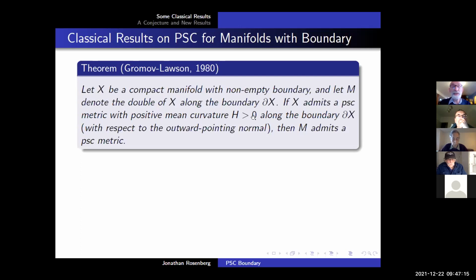Is that clear to everybody? So think of X as being, let's say, the Earth's surface minus a polar ice cap at each pole. That has negative mean curvature along the boundary, because if you push the boundary out in the normal direction, then the area of the boundary goes down.